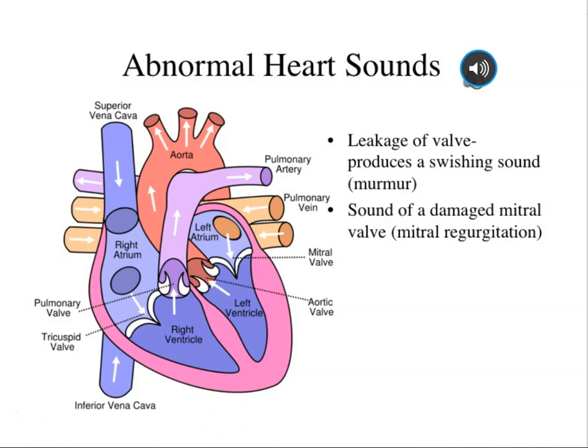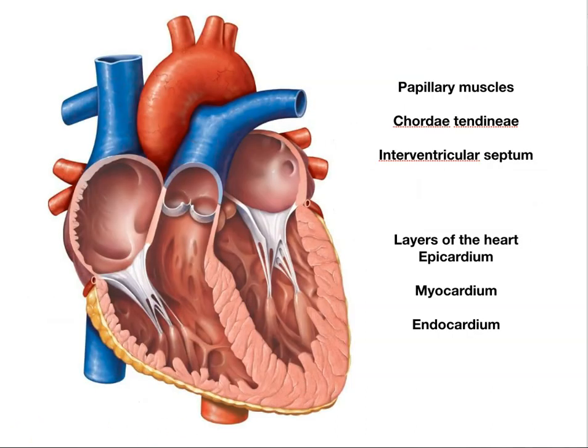Oops. I think I've got another slide here. Yeah. So I wanted to show you, this is the last slide here. This is a better diagram that shows you the inside of a heart. Here again is your superior vena cava, and here is your inferior vena cava.